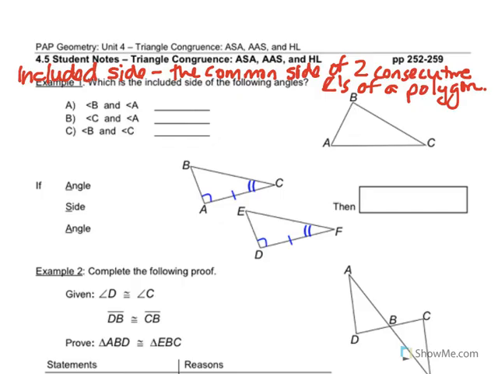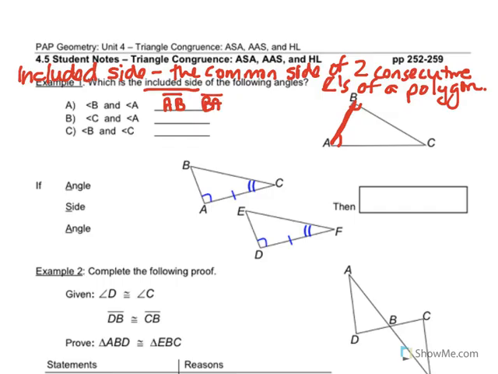Which one of these is the included side for the following angles? So if we're talking about angle B and angle A, which side is the included side? The side that's shared by the 2 angles, or another way you could think of it is the side that's in between them, would be line segment AB, or we could write it BA, either way.